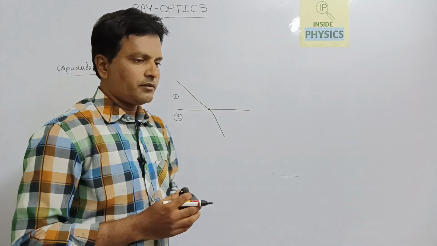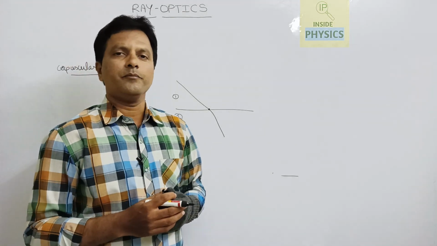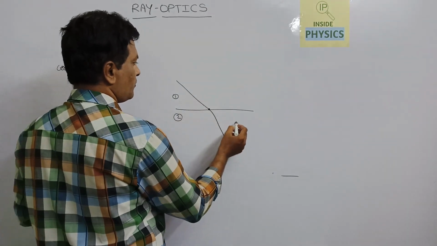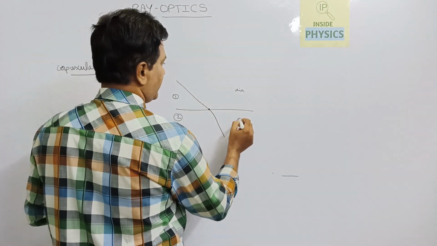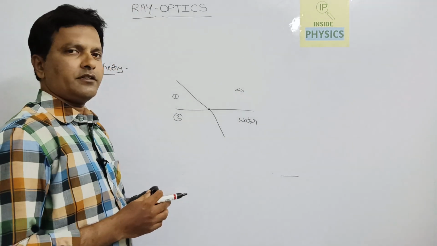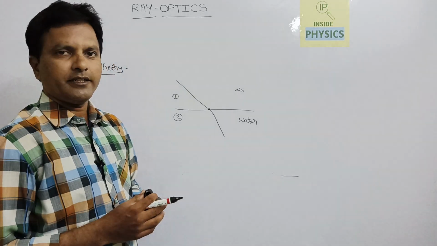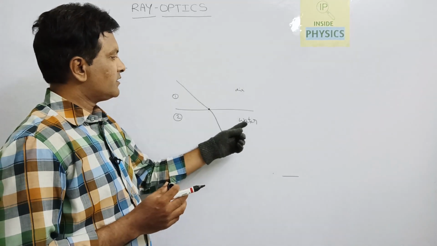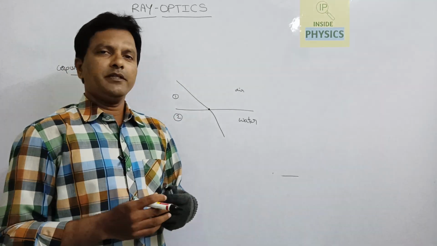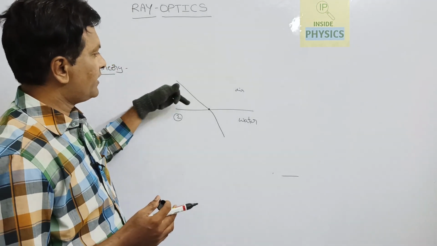On the basis of corpuscular theory, he said that whenever a light ray passes from a rarer medium to a denser medium, for example from air to water, the speed of light will increase in the denser medium, be it water or glass. In that way, he said that refraction will take place.